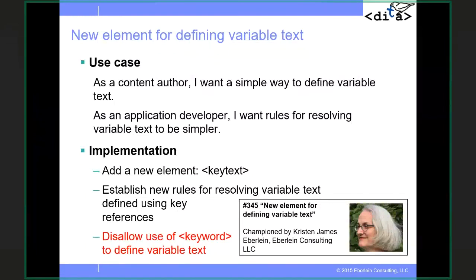We've established some new, very clear rules for how variable text defined using key references get resolved. The impact here is if you're currently using key reference for your variable text, with DITA 2.0, you cannot use keyword. So if you've done that, you will need to make changes to your source to use key text.